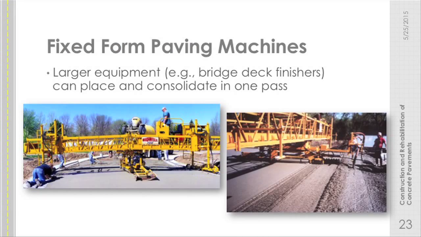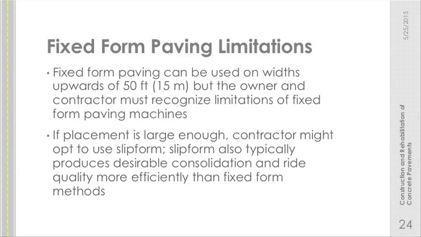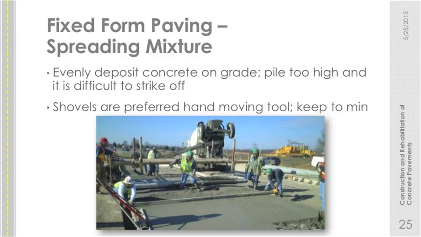Slip-form pavers are very big, very strong, reinforced pieces of equipment that don't have any of those sort of problems once we become 15 meters or wider. So if the placement is large enough, the contractor will probably opt to use a slip form paver. That is what gets us the highest efficiency and the lowest cost possible.